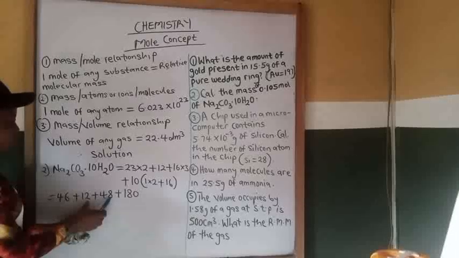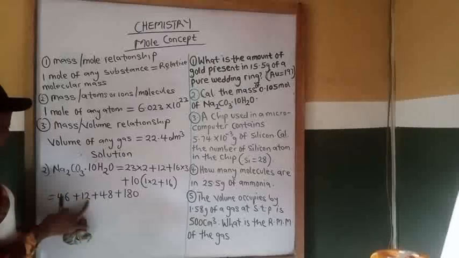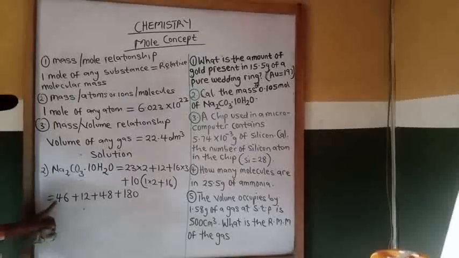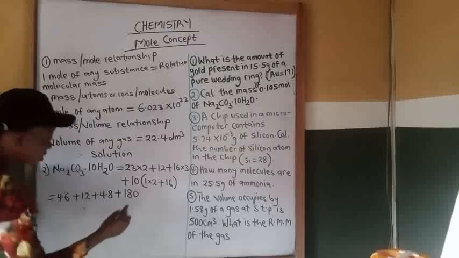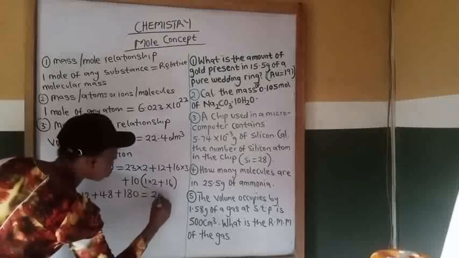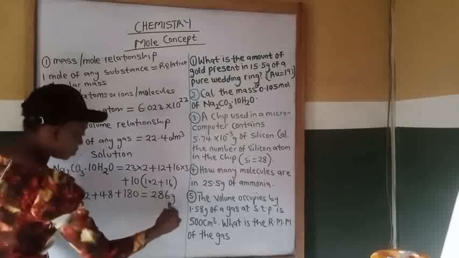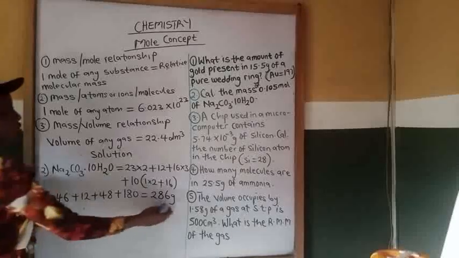Now 60 plus 180 will give us 240. 240 plus 46 will give us 286. So the total mass equals 286 grams. So that is the molar mass of the substance.